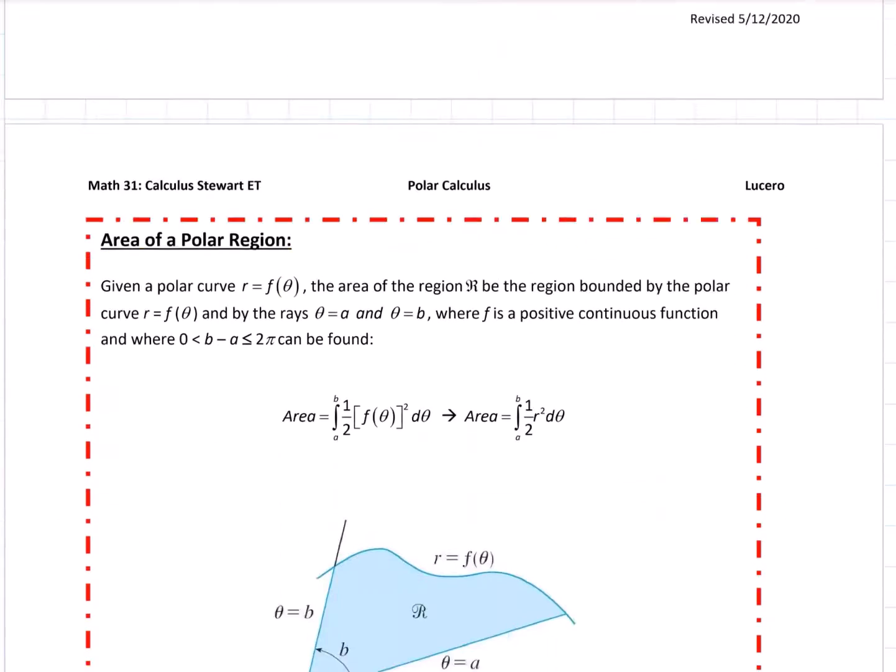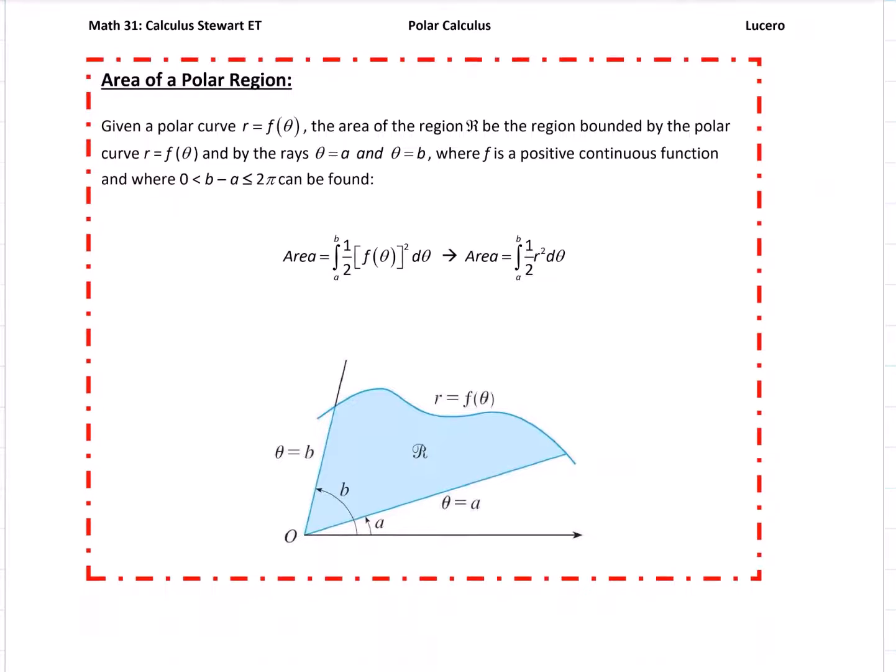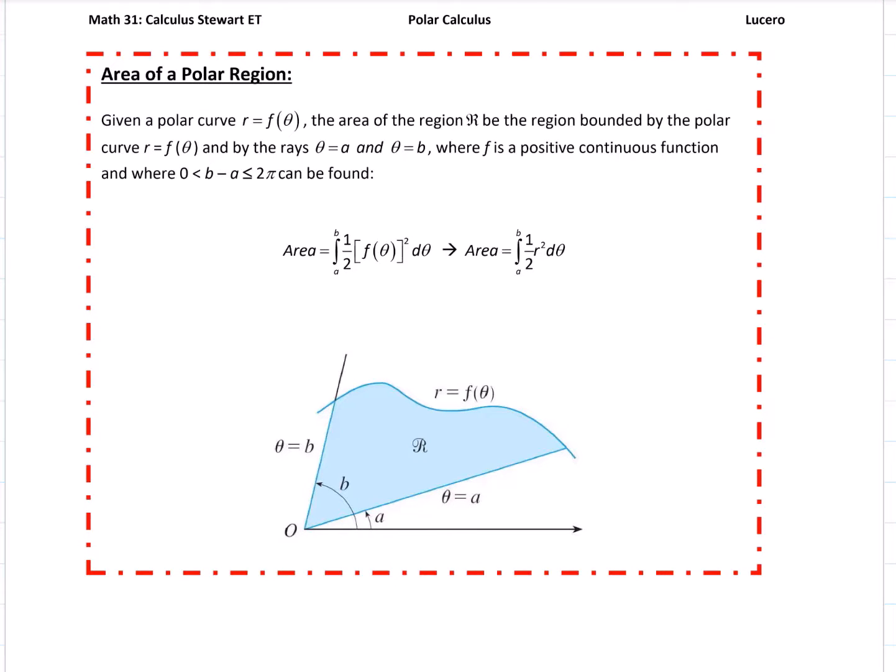We can put that into a nice little formula here. If we have a polar curve r equals f of theta, and we want the area of the region that is enclosed between two rays from theta equals a to theta equals b, we are making the assumption that a is less than b and that difference is positive. Again, this means we're going in increasing order of theta, and the curve cycles only once through the circular coordinate system.